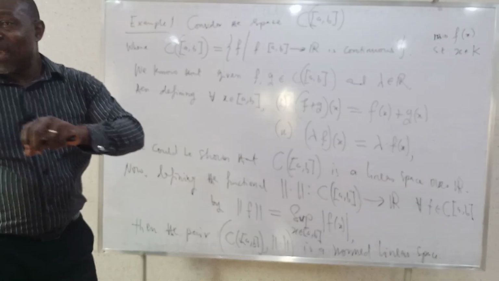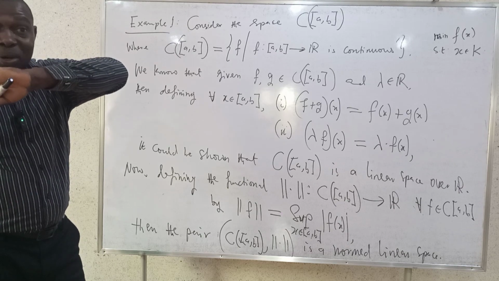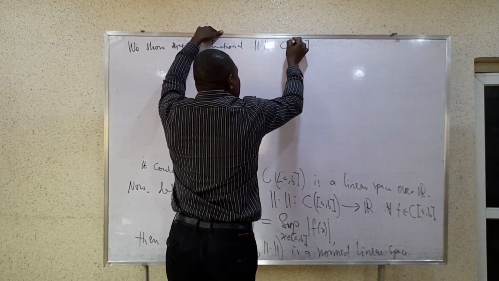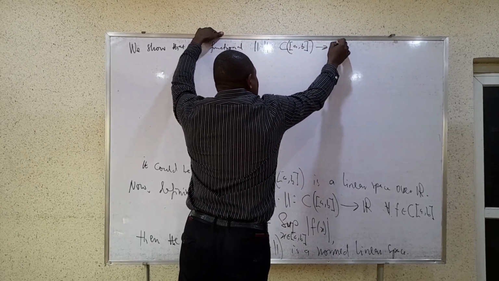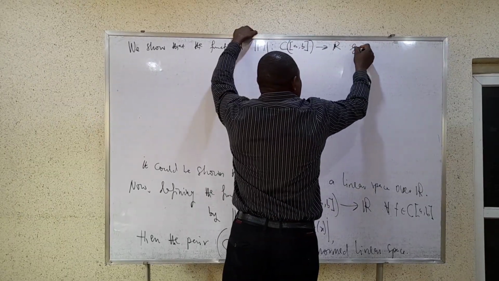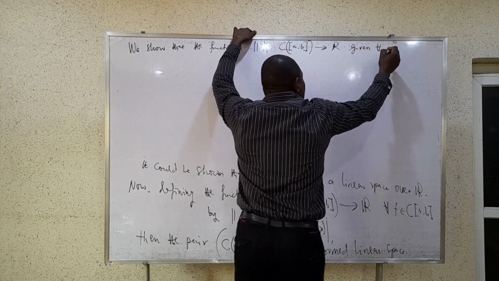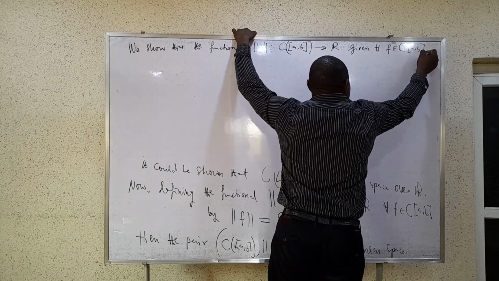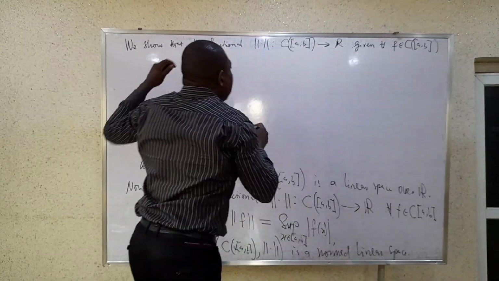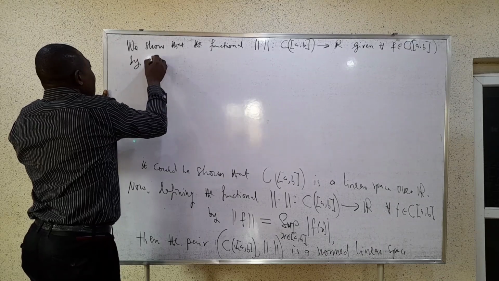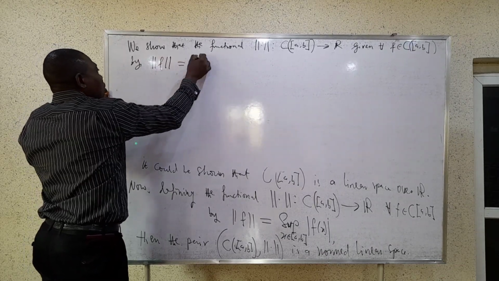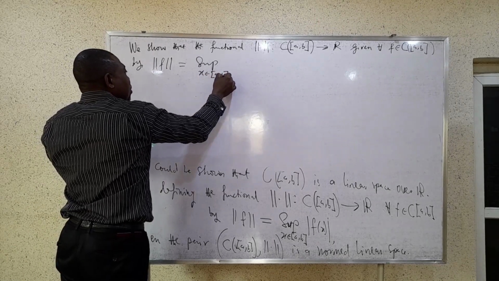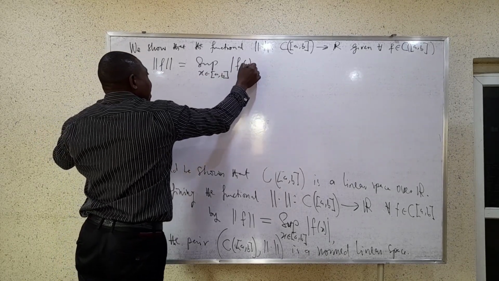The next thing is to check that all those properties are satisfied. Given for all f in C[a,b], the norm of f equals the supremum over x in [a,b] of the absolute value of f(x).